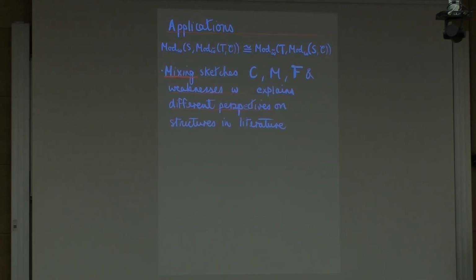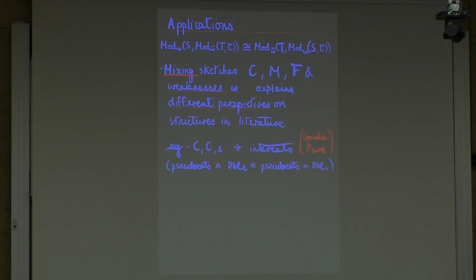As for applications, just mixing our basic sketches, the three I mentioned, explains lots of perspectives on different sorts of structures in the literature. Starting with one, maybe it's not that well known, but like the intercategories of Grandis and Paré, that's what you get when you mix pseudo-categories and lax maps.